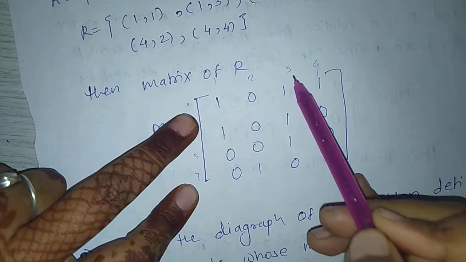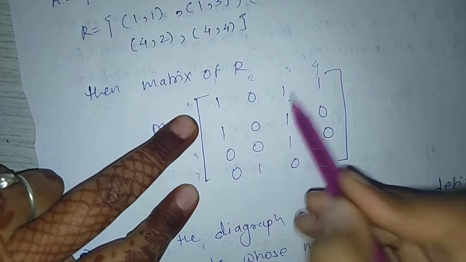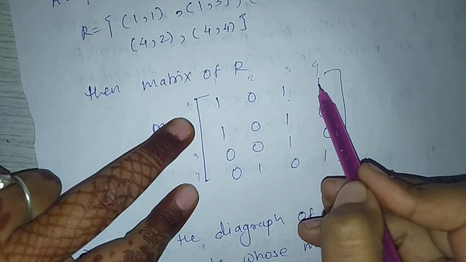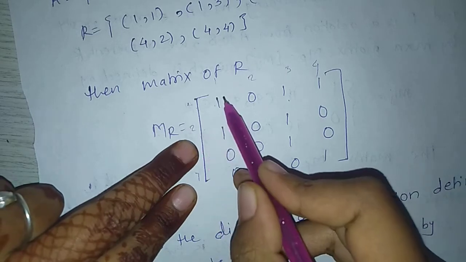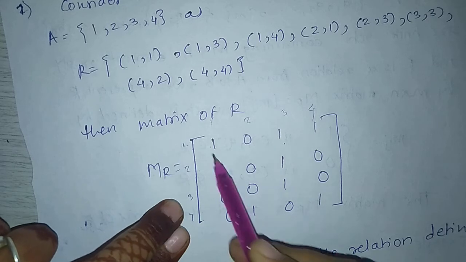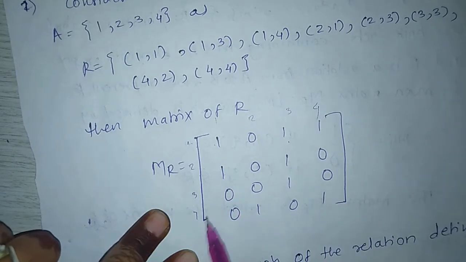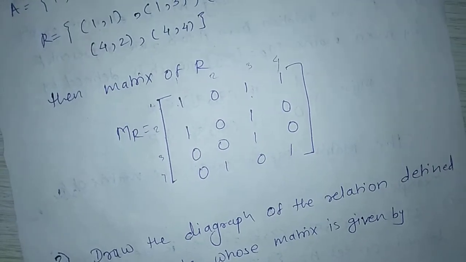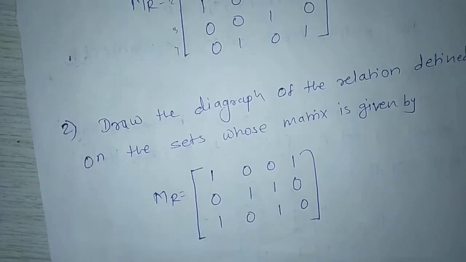Next (1,3) belongs to R, this entry is 1. (1,4) belongs to R, entry is 1. (2,1) belongs to R, so this entry is 1. Similarly (2,3), (3,3), (4,2), (4,4) belong to R, so those entries must be 1 and other entries are 0.